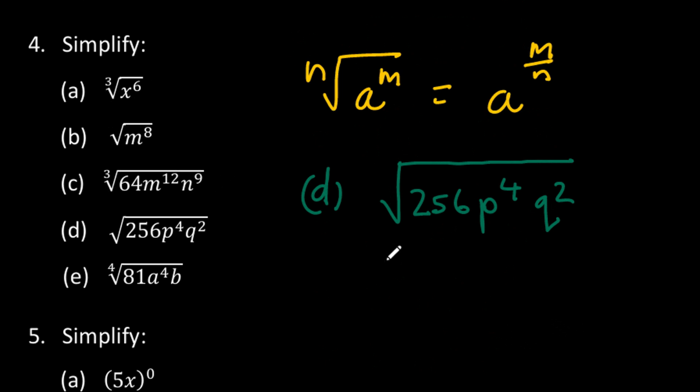Let's look at d. Once again, when we have a square root, we need to realize there's a 2 here that we don't write. We're going to find the prime factors of 256, because we don't have to write a 2 here. We know that 256 is 2 to the power of 8.